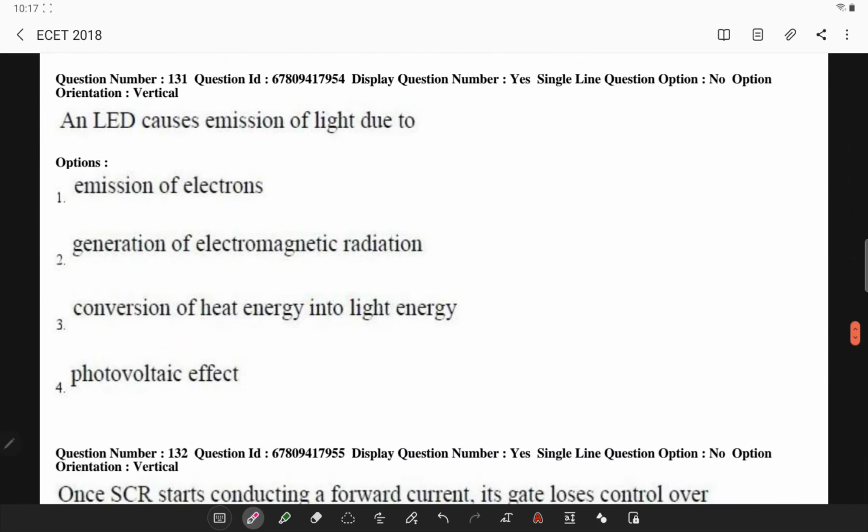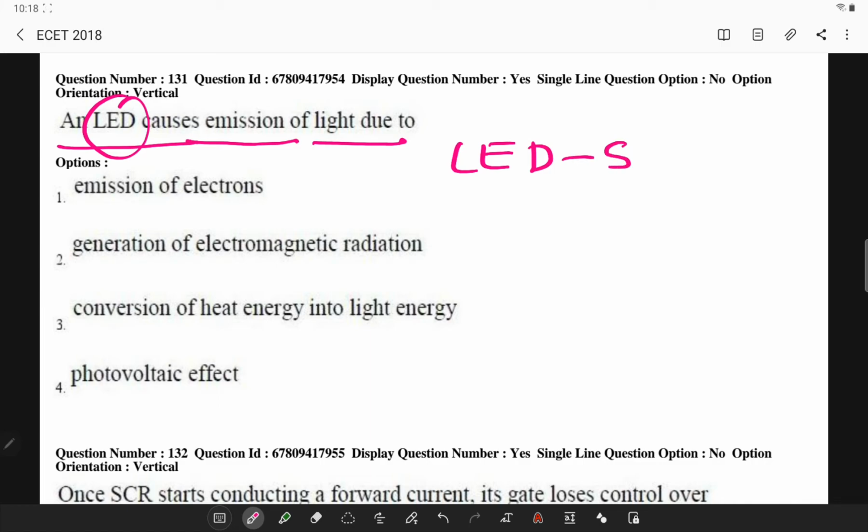Next, an LED, light emitting diode, causes emission of light due to what? If you observe, an LED is basically a semiconductor diode that produces light of one or more wavelengths.